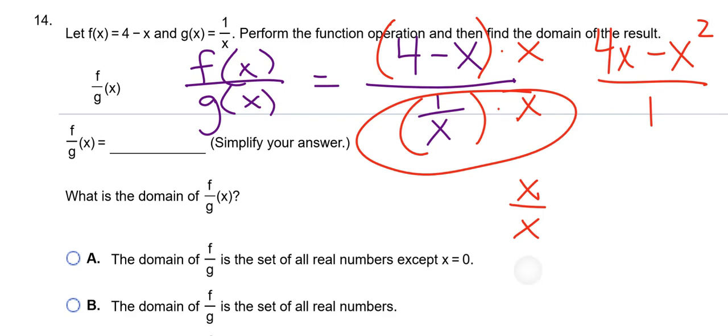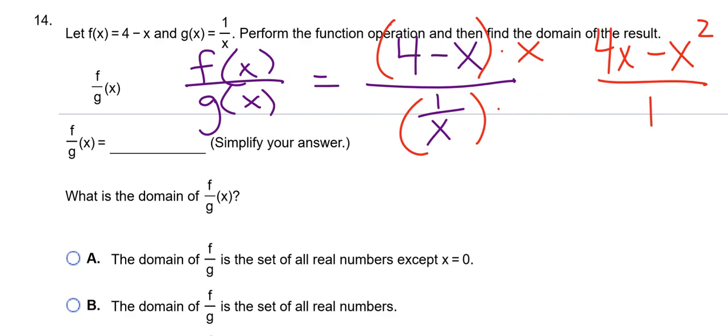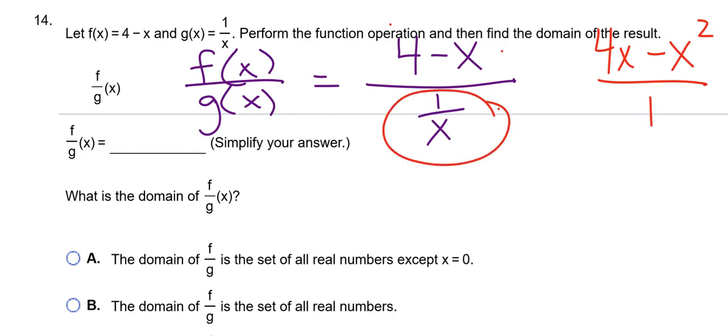So I'll erase that for now, just so that people don't get confused when we're taking a look at this fraction. We see a denominator. We see a fraction right there. So what's the domain?